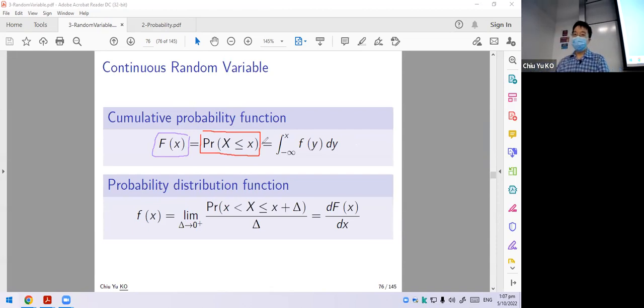We no longer have the P. Remember what the P is? P of X is the probability that a big X equals this value x, right? And we don't have this anymore because with a continuous random variable, a lot of values are possible, right?